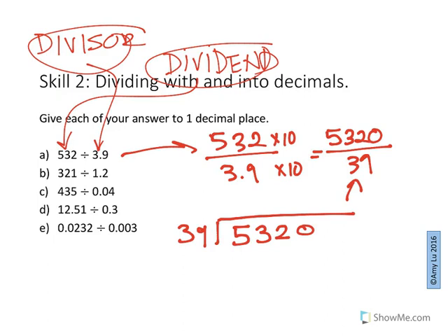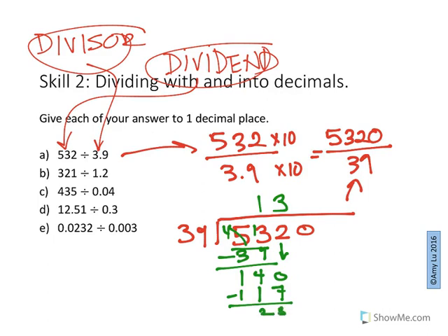We're going to go ahead and do our division. 39 fits into 53 one time. Subtract 39 and you end up with 14. Bring the 2 down, and 39 fits into 142 3 times, which makes 117. When you subtract, you get 25.